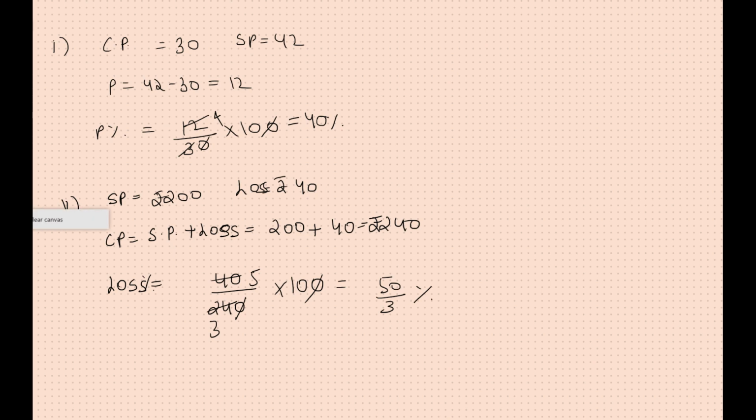Now, children, question 5. Find a selling price for each of the following. So here you have cost price 20 rupees and profit equal to 10%. So let cost price be 100 rupees.